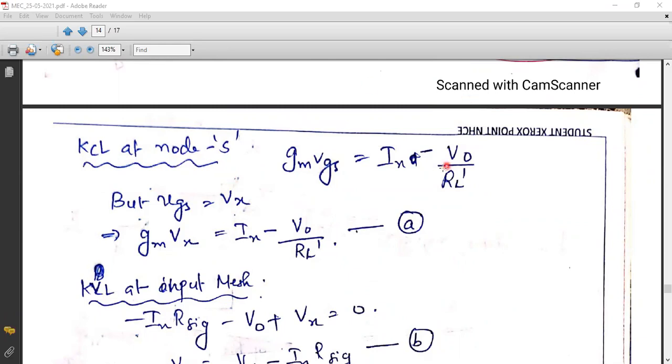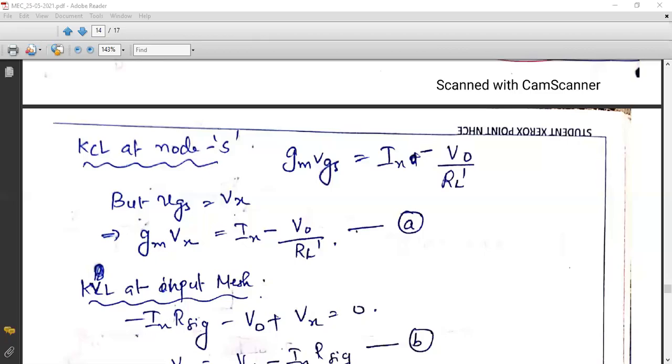Okay. Now you tell me, in this equation, which is the unwanted term? Please remember that you need to find the ratio between Vx and Ix. But if you see equation number A, what is the unwanted term?